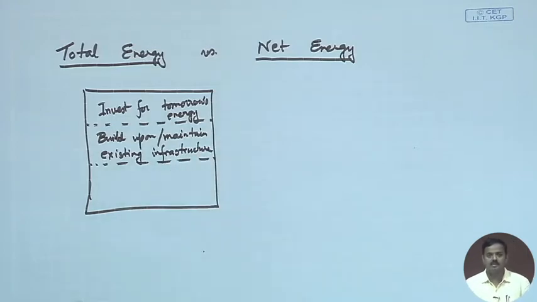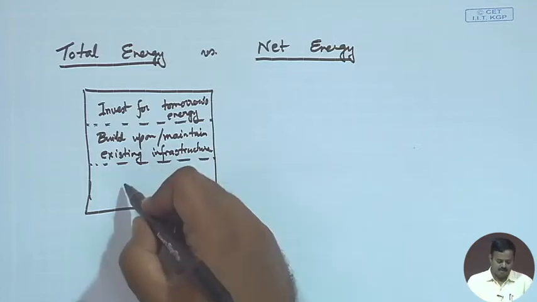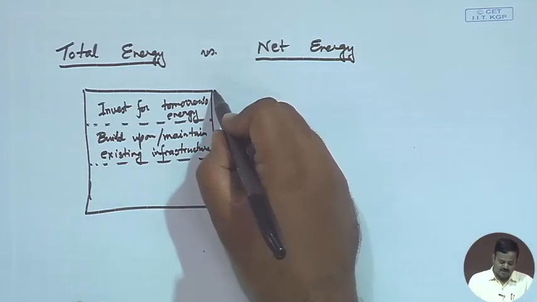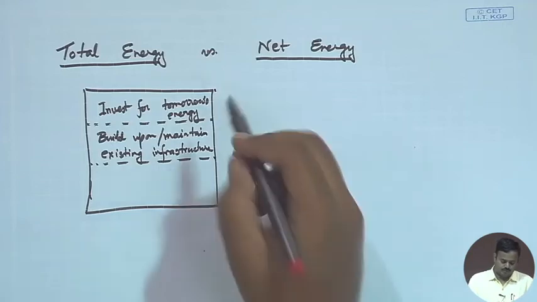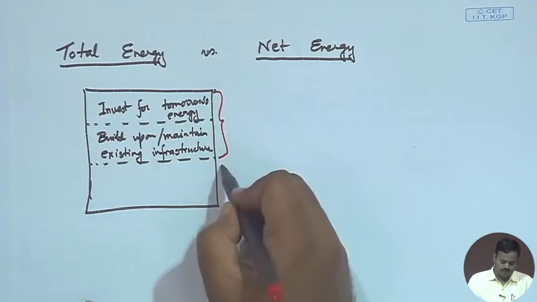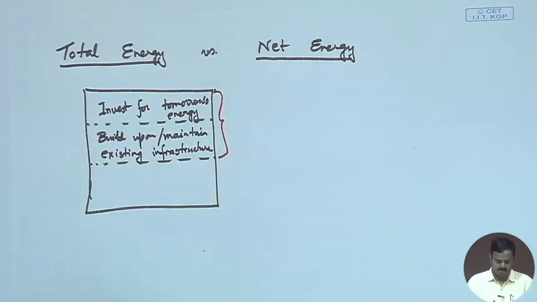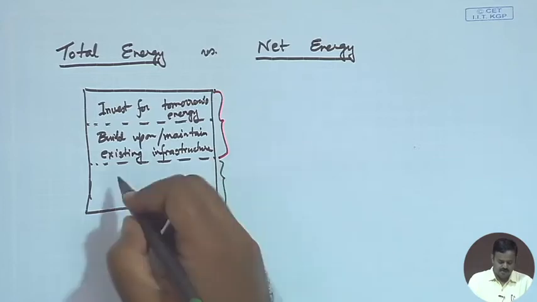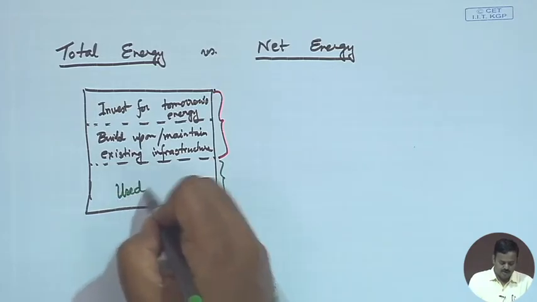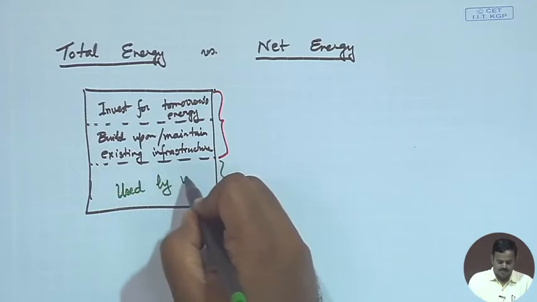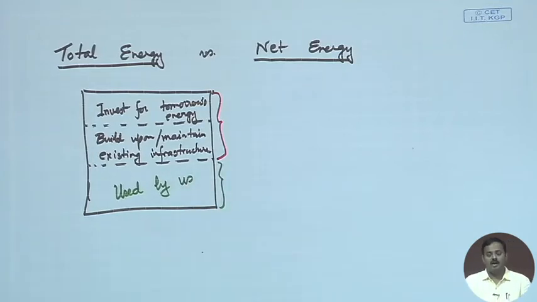All right. And after this is gone, what is left over here is what can be used by us. Okay. And even what can be used by us can also be further broken down into essential use, like for example, water, electricity, etc., which are life needs.